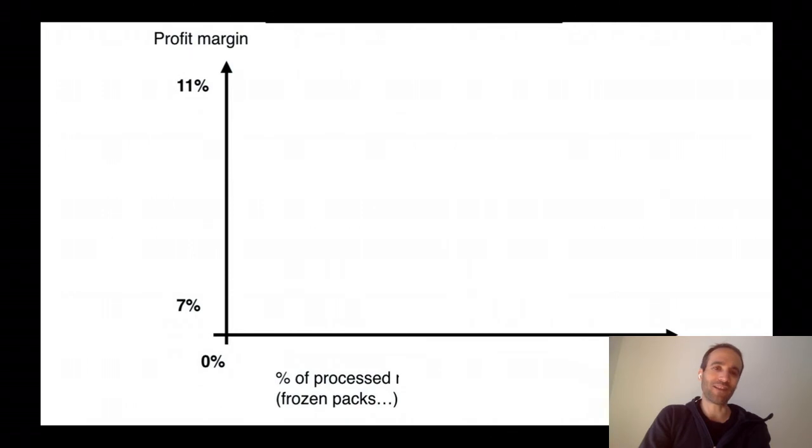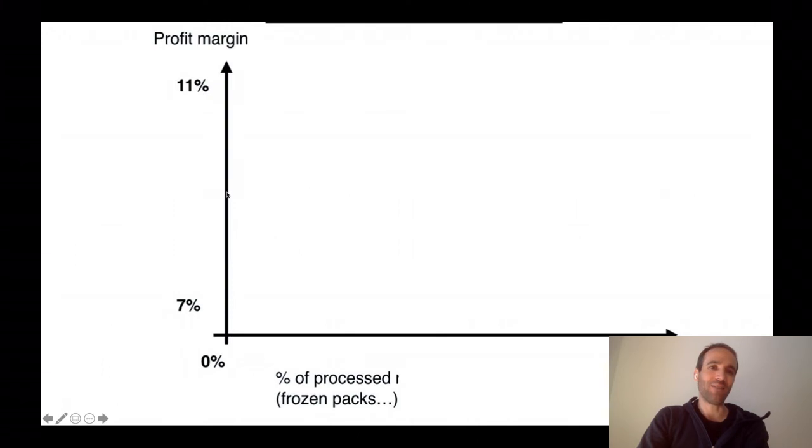Mr. Jonathan was involved in a merger and acquisition operation for a client who was a meat packer. He came up with a genius idea at the time to plot an X, Y scatter plot.